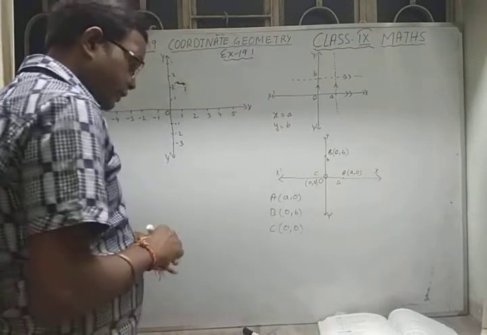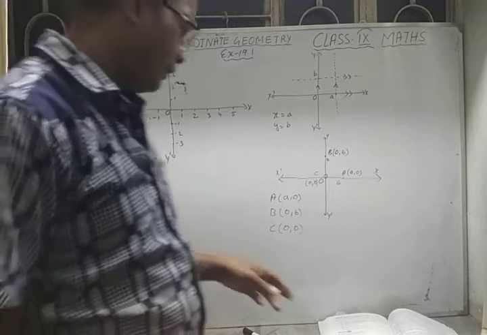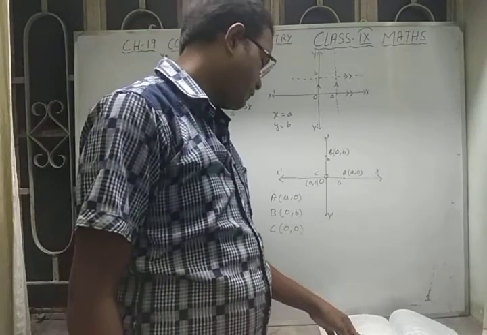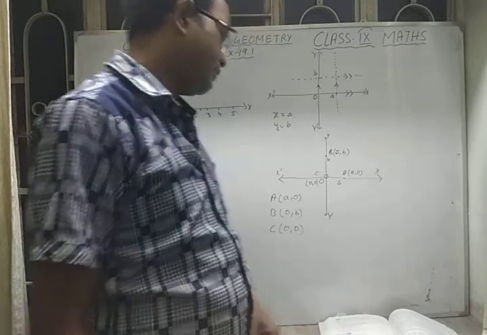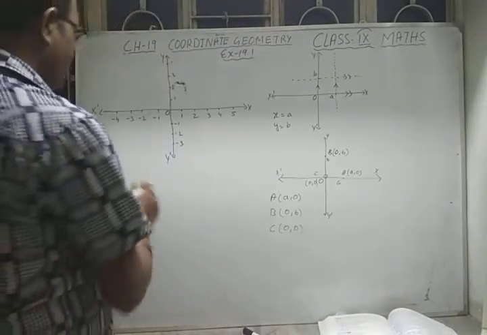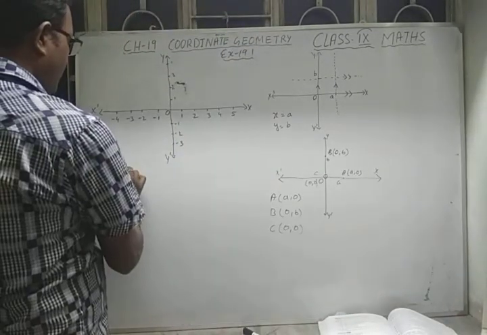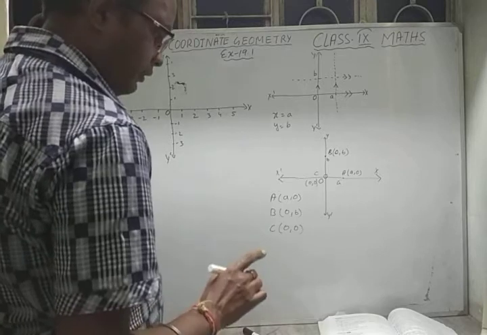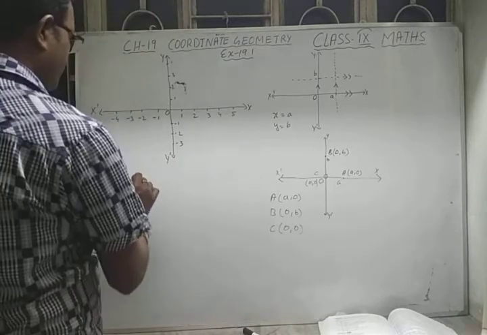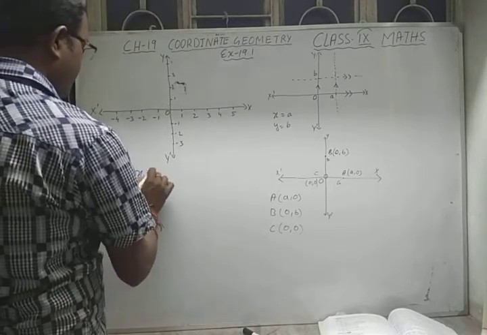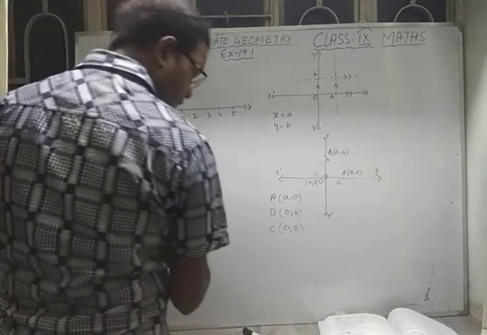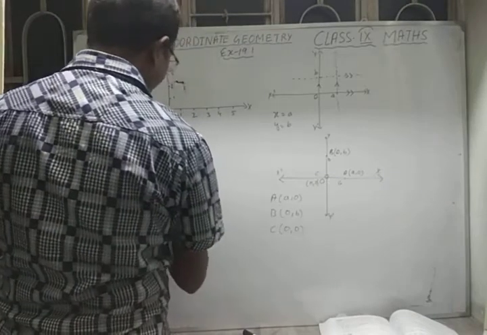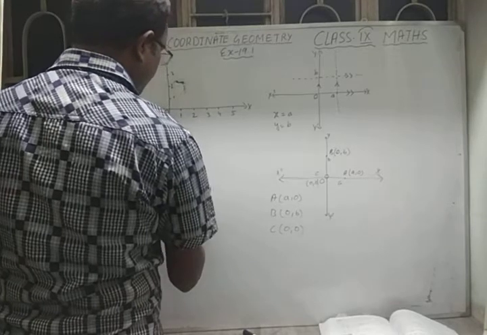The first question says to plot the point whose abscissa is 3 and ordinate is -4. That means the abscissa is given as 3 and the ordinate is given as -4. That means (x, y) is equal to (3, -4).